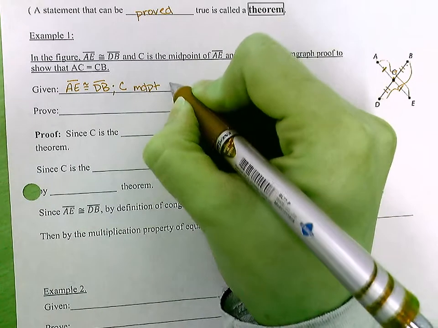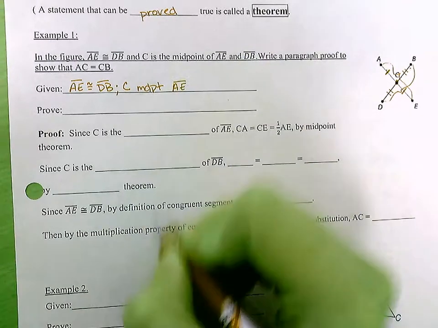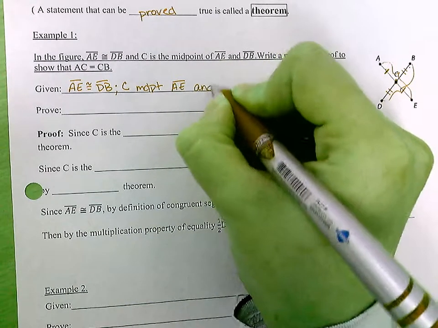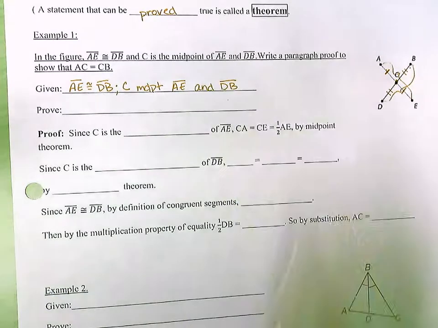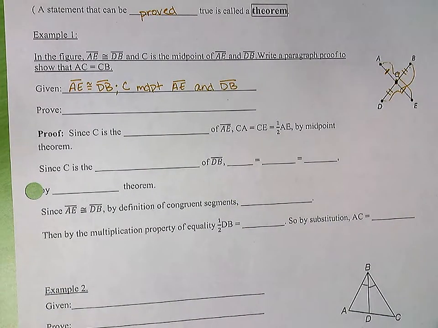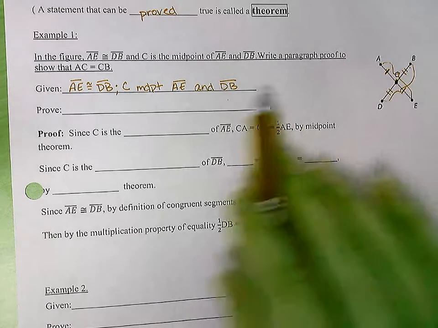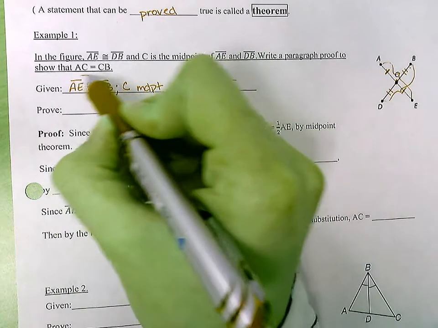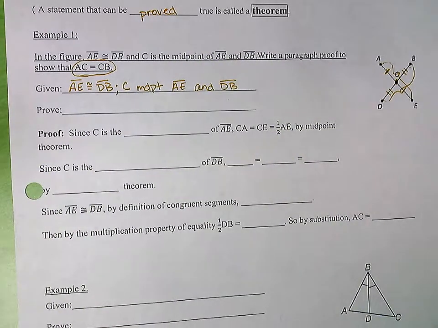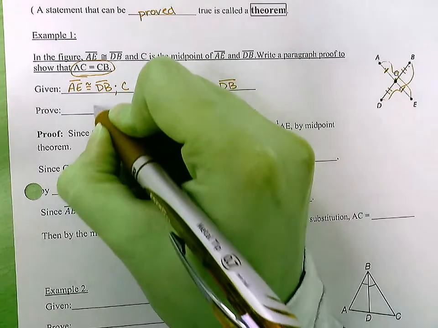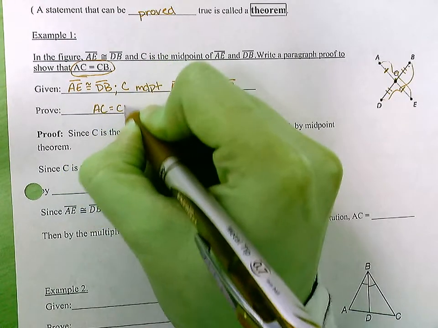C is the midpoint of AE and DB. Okay, so that was my given information. Now I also need to write out what I have to prove. Well, in my statement, I need to show that AC equals CB. So that's what I want to prove, so that's what I'm going to write down.